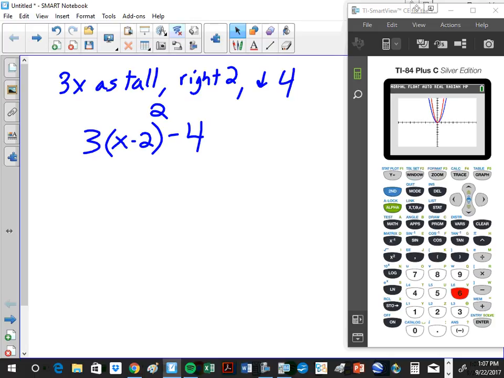So 2.5, 1 through 45, odd. All right, good luck.